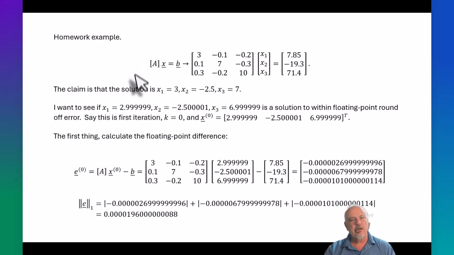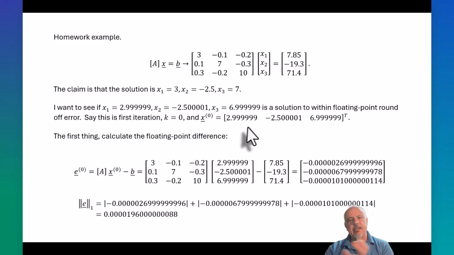We're going to start a millionth away from 3 for x1, a millionth away from minus 2.5 for x2, and a millionth away from 7 for x3. And we're going to look at how close that is to being a solution to within round off error.